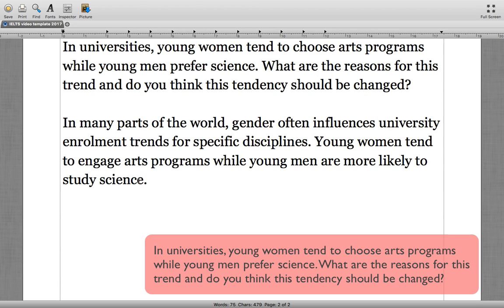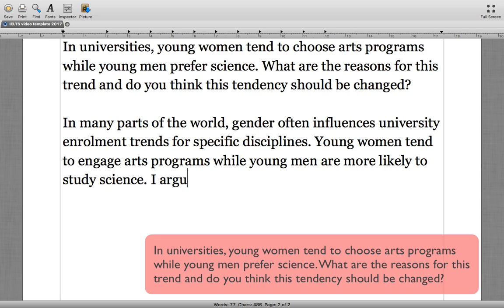It would channel people into certain programs based on their gender, and then that might not let them exercise their skills, their talents, to the full, because they might have natural interest or natural talent in one area, but they can't study that because their society dictates that certain genders should go certain places at university. Okay, so that's where I'm going to go with this essay.